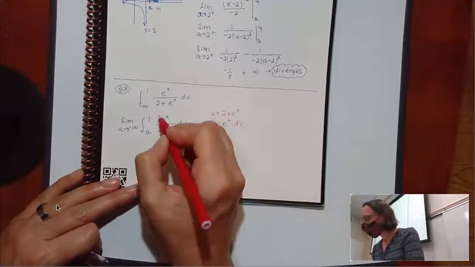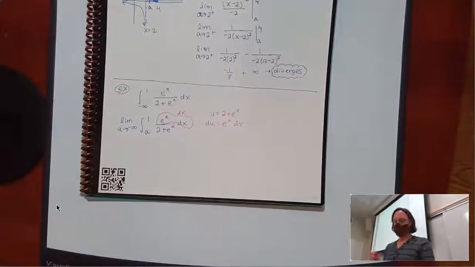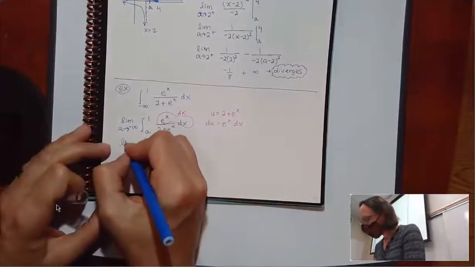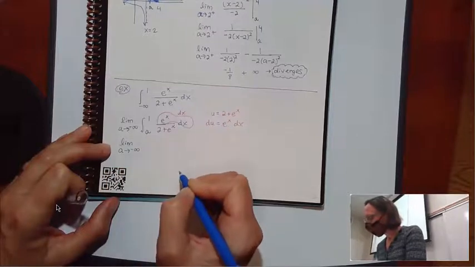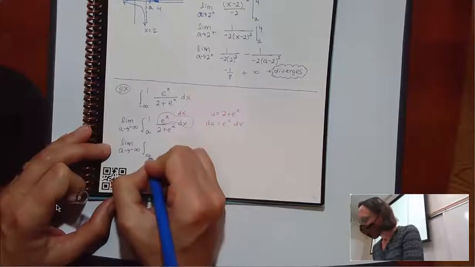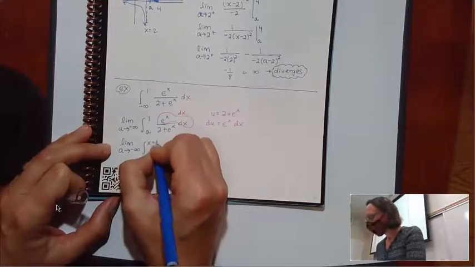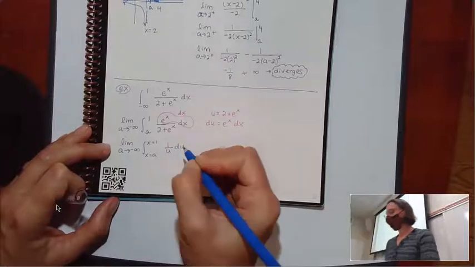And I've already got that sitting there on top for me. So I've got a limit as a approaches negative infinity. And I'm just going to remind myself that I'm going from x equals a to x equals 1 because I'm writing out that u sub of 1 over u du.